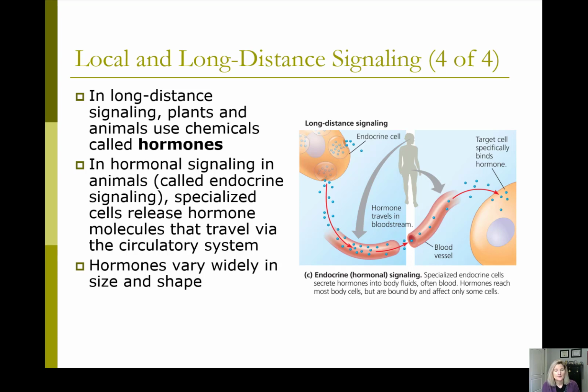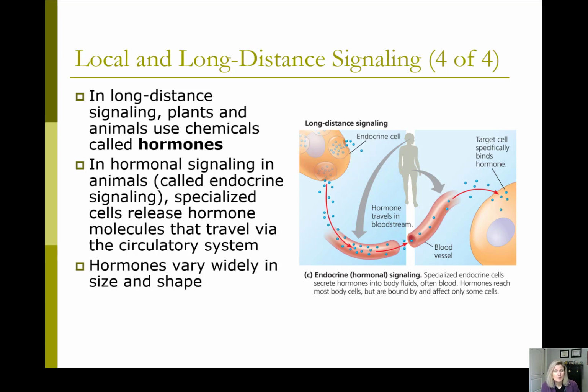It might secrete a hormone that could trigger a response in your hypothalamus, another endocrine gland. And then that hypothalamus can release another hormone that can target another part of your body, such as your ovaries or testes. So we're sending out these chemical signals.